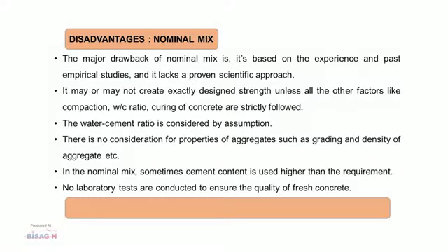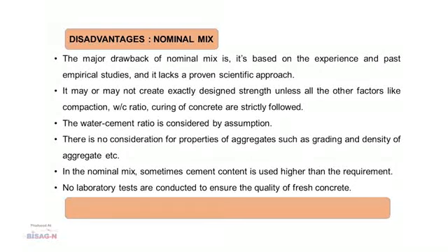Disadvantages of nominal mix. The major drawback of nominal mix is that it's based on experience and past empirical studies and lacks a proven scientific approach. It may or may not achieve the exact design strength unless all the other factors like compaction, water cement ratio and curing of concrete are strictly followed.